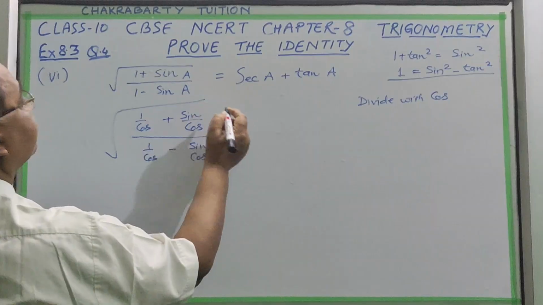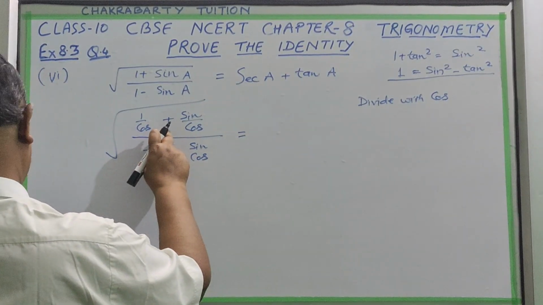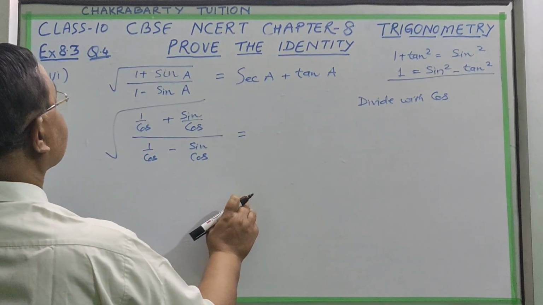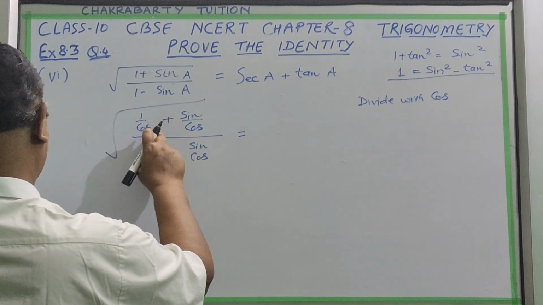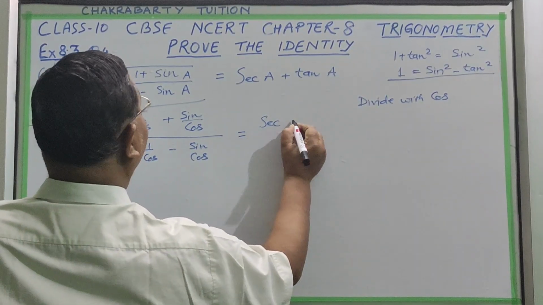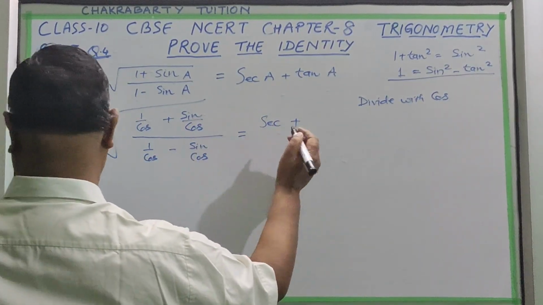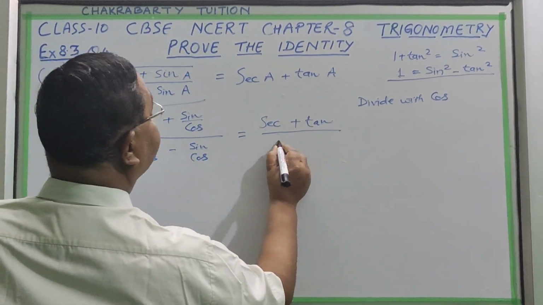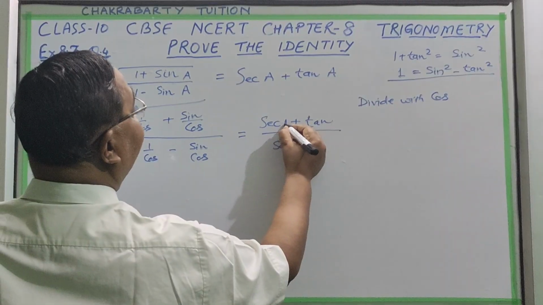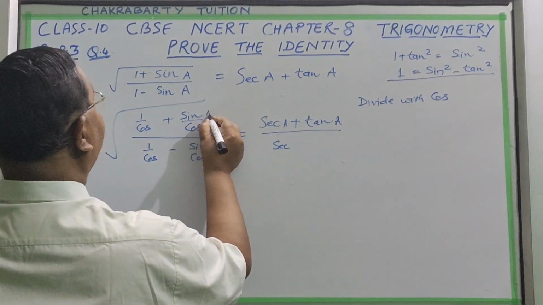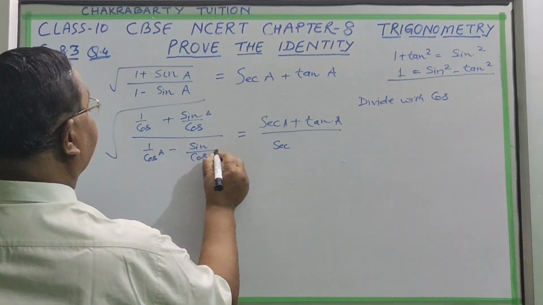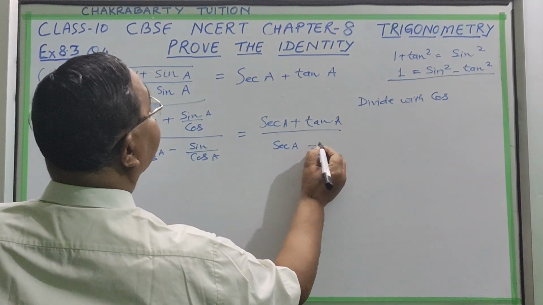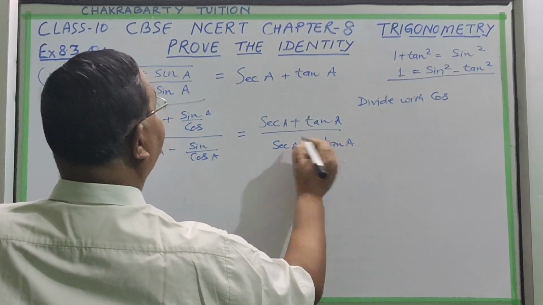So 1 upon cos is equal to sec, and sine upon cos is equal to tan. Here, of course, A or theta you have to write everywhere. So it becomes sec A minus tan A, and the whole square remains under the root.